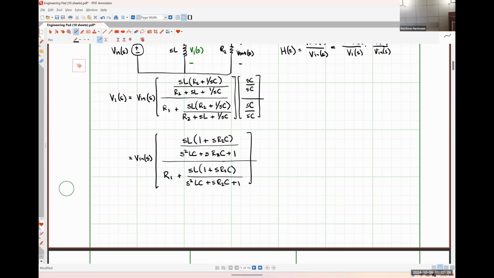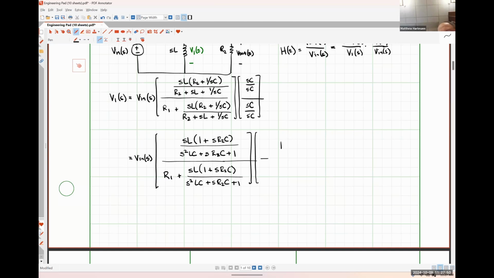So that's exactly what I'm going to do. So all I'm doing is multiplying R1 by this denominator over this denominator so that I can lump those two terms together.